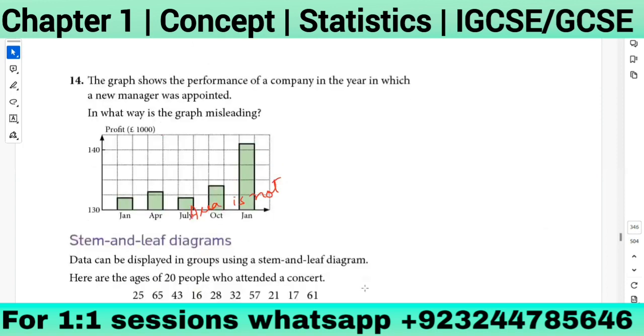Last question. The graph shows the performance of a company in the year in which a new manager was appointed. In what way is the graph misleading? The vertical axis cannot start from 130.